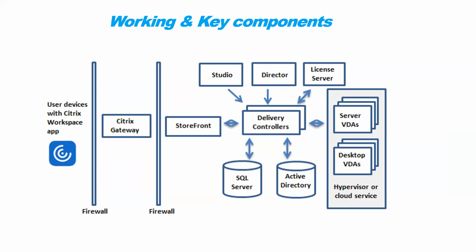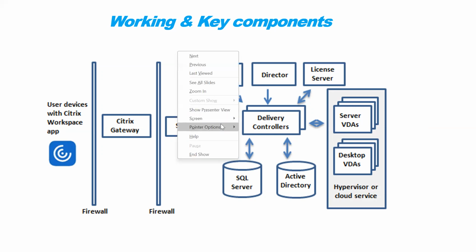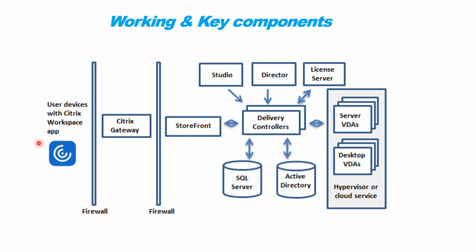So basically, this is the working and key components of Citrix. This is a kind of network diagram showing how Citrix works. I'm starting from the left-hand side of your screen.